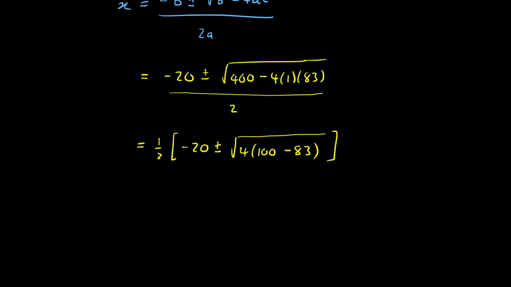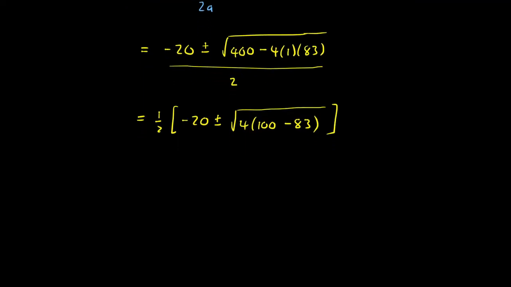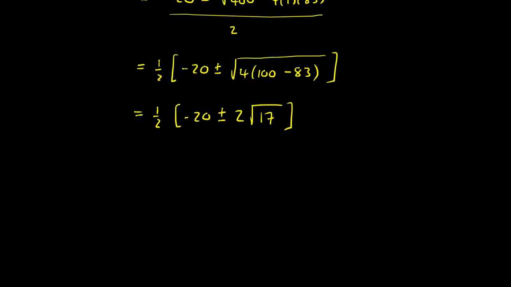If I do that, then what I'll get is negative 20 plus or minus 2, because the square root of 4 is 2, and 100 minus 83 is 17. So I get 2 root 17. So now if I half that, I'm going to get negative 10 plus or minus root 17.